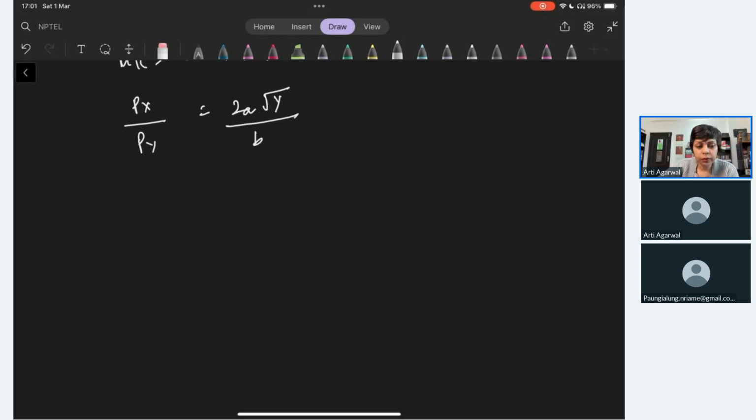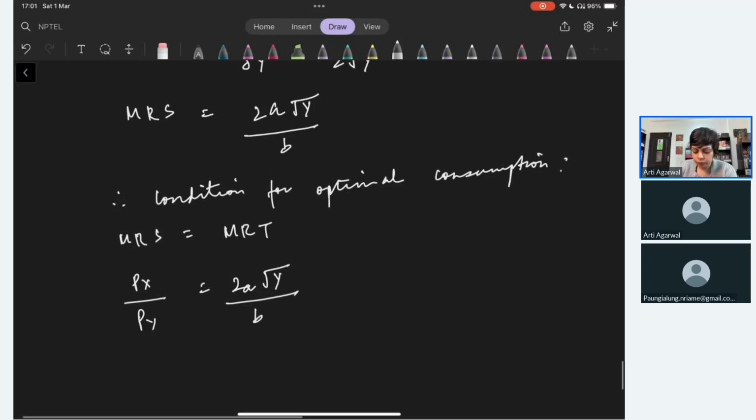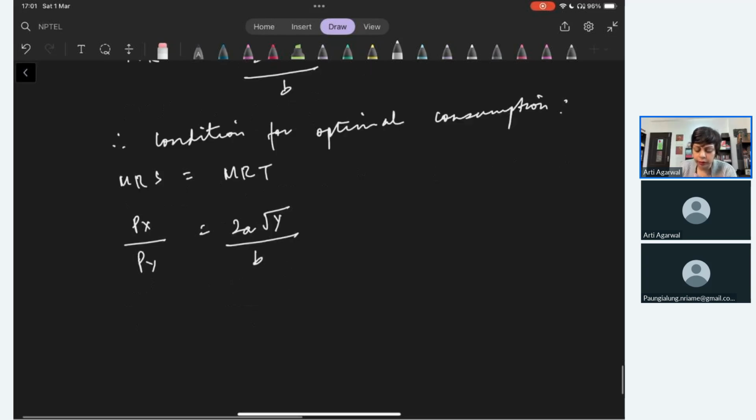You can see which all options are given. Like this expression can be written in 3 different ways. So if you simplify this, or if you rearrange the terms, you will see that both option C and option D are correct. This is the final answer. This is the condition for optimality.